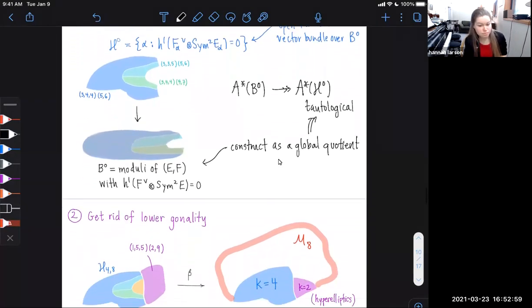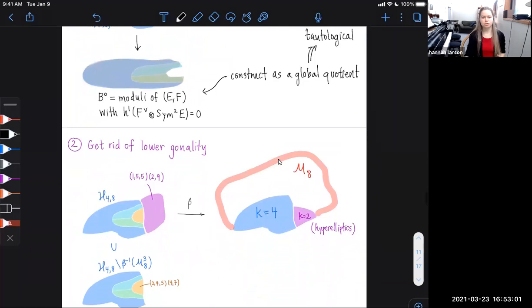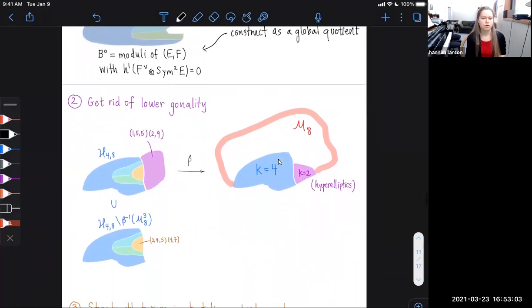Step 2 is we're going to throw out the curves that have lower gonality. So it turns out that all of the covers in this purple stratum for splitting type 15529 actually are of the form a 2-to-1 map to P1 composed with another degree 2 map of P1 to P1.